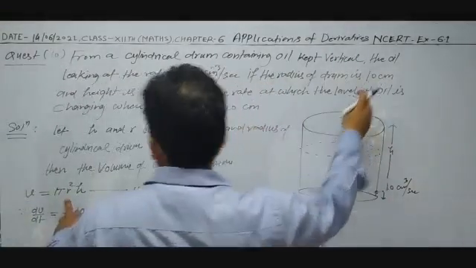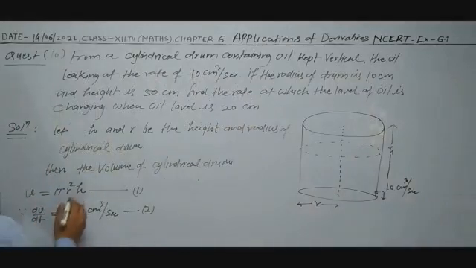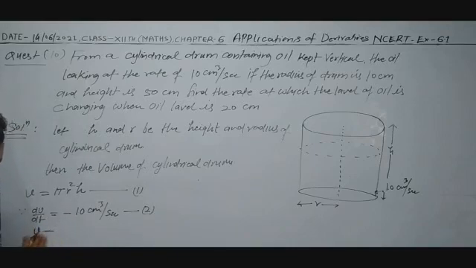So V is equal to pi into r square, that means 10 square, into h, and dV by dt you can calculate.